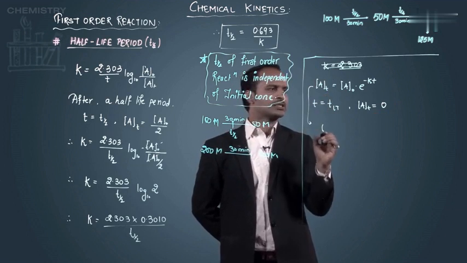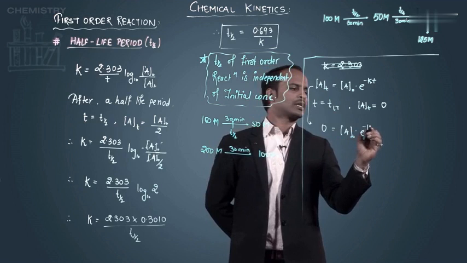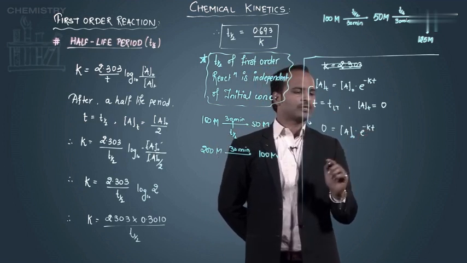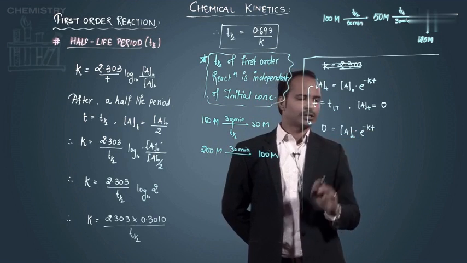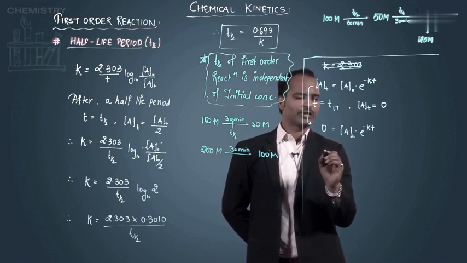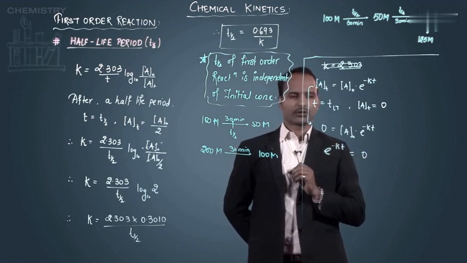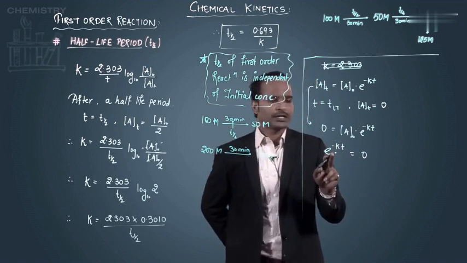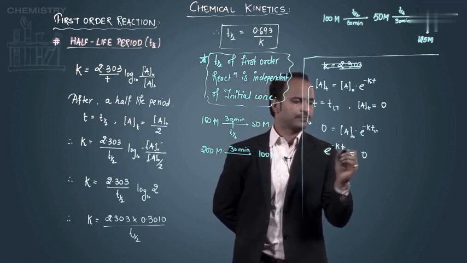So from this I can say 0 is equal to A naught into e raised to minus kt. Now A naught should not be 0, because the initial amount of reactant will not be 0. So this is 0 because of e raised to minus kt. So e raised to minus kt is equal to 0. Again I can say k, this t is the total lifetime.